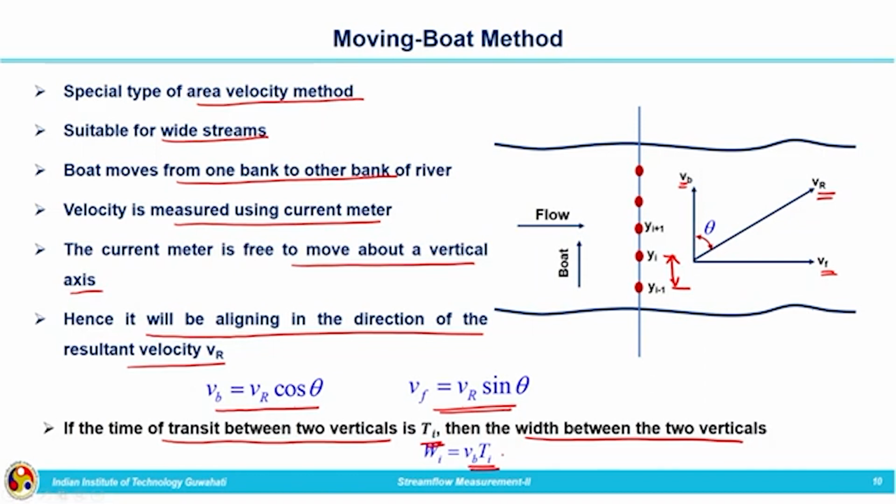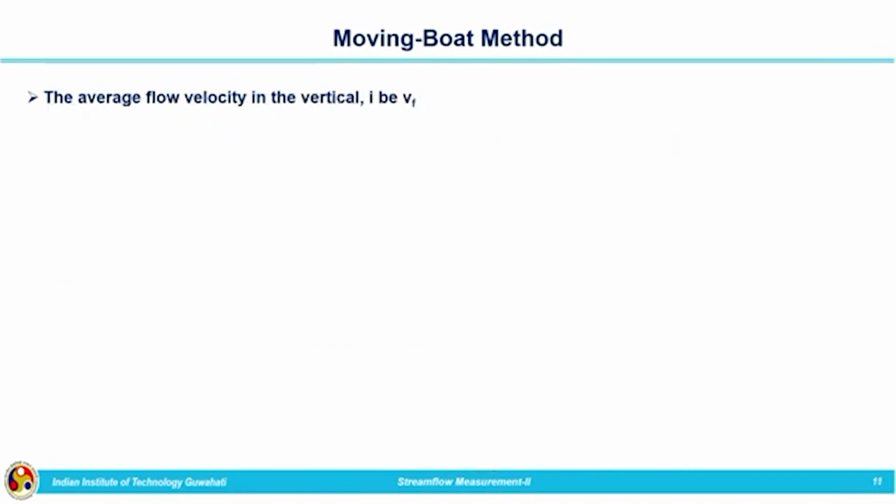Vb is the velocity of the boat that we can calculate from the velocity measured by the current meter. And the time taken to travel this distance is noted. So the width can be calculated by using the formula Vb Ti, velocity multiplied by the time. The average flow velocity in the vertical, that is Vf, we can calculate from the velocity measured by the current meter Vr, and the depths at two verticals i and i plus 1 are yi and yi plus 1.